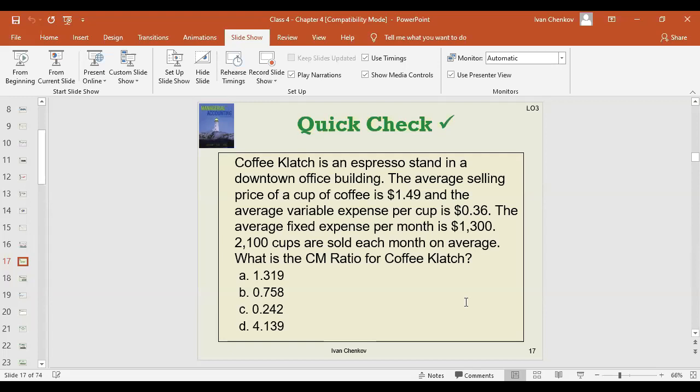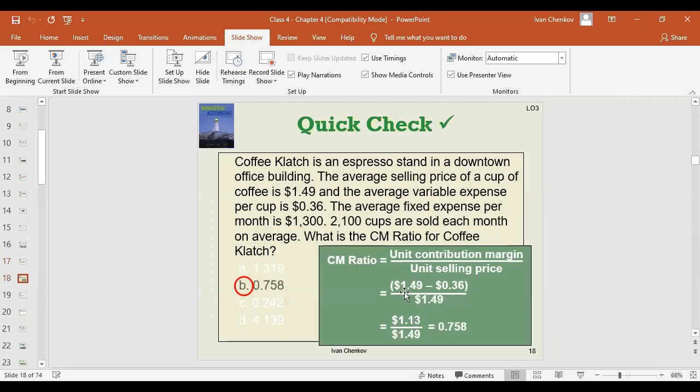So without even using my calculator, the logical answer should be B. I eliminate 1 and 4 because it cannot be more than 1. 24% is not possible because it's only 36 cents. If it was like 86 cents, then it might be somewhere in that range.